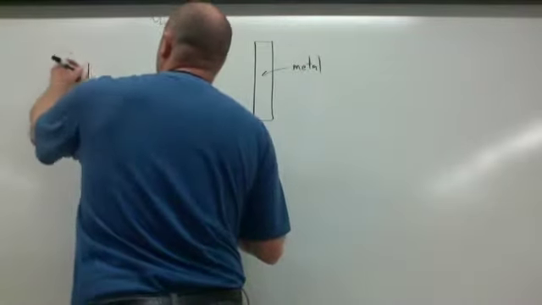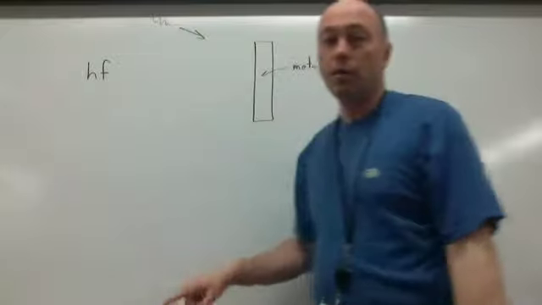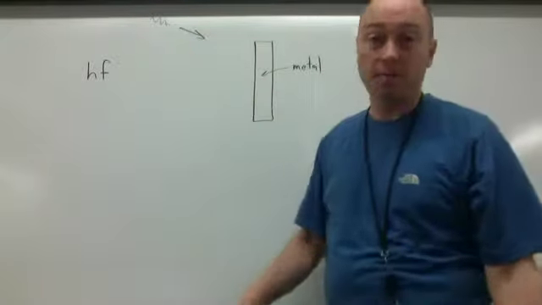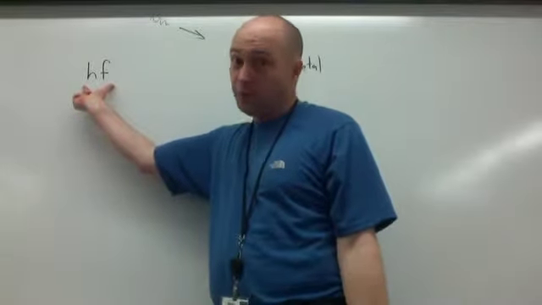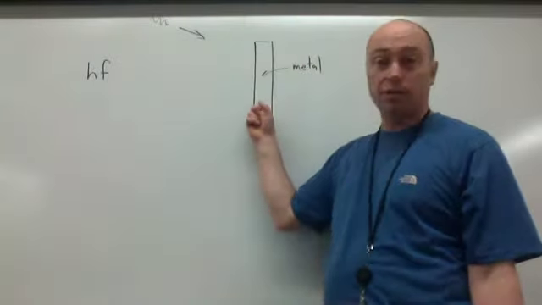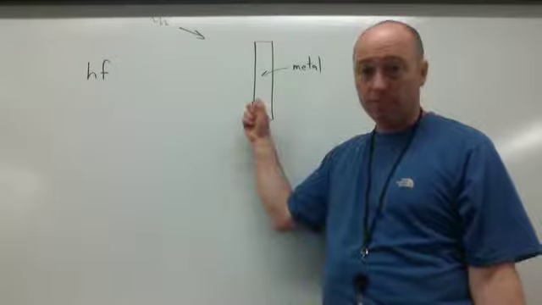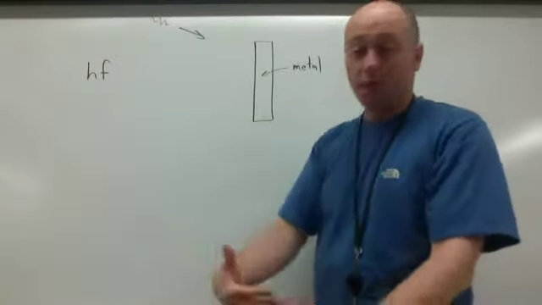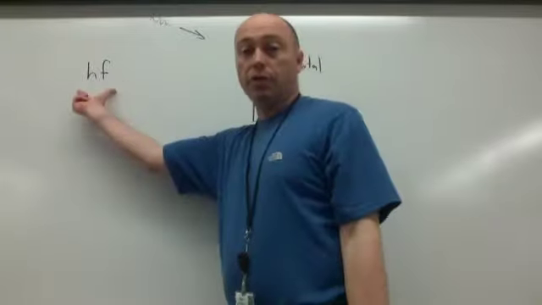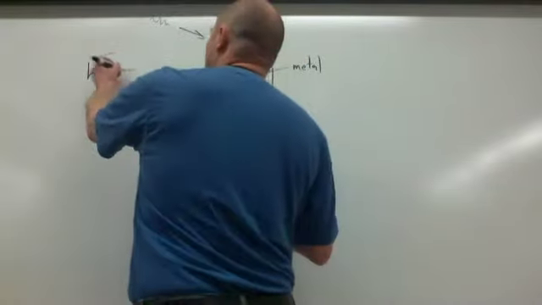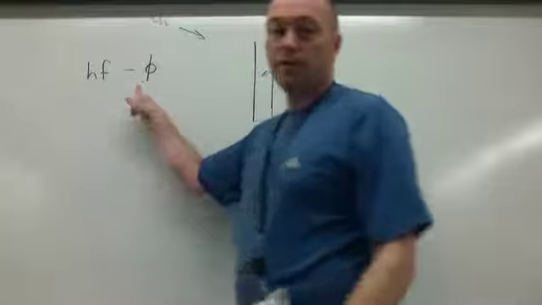This comes down and hits my metal. Now, if this energy is not big enough, I won't knock any electrons off of my metal. If the energy is big enough, then I will knock electrons off. So if you look at your equation, that's what this is talking about.